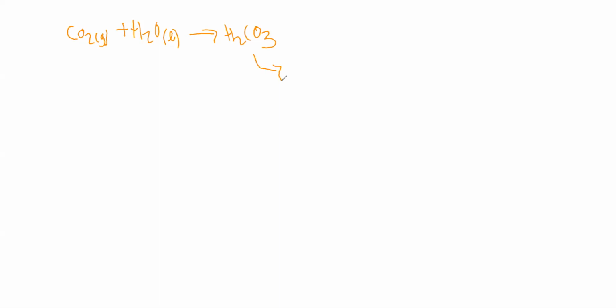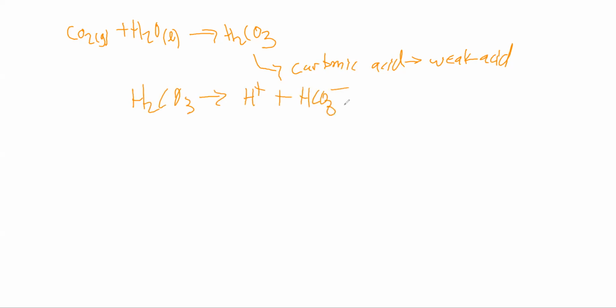Acid. So it's an acid. This is carbonic acid. So it's a weak acid. And so that's why our pH is going to change: we have a weak acid that we're going to make, and we're going to eventually deprotonate our weak acid. And so that's going to change things for us.